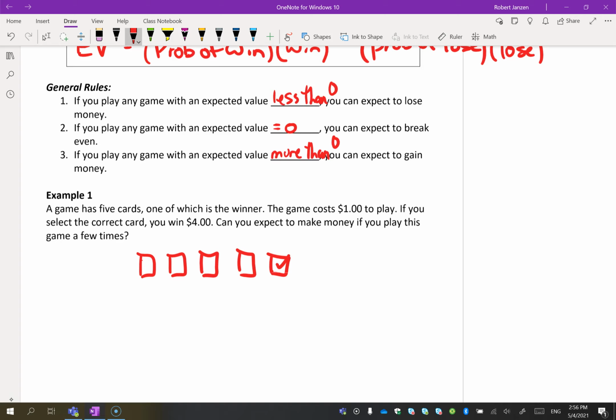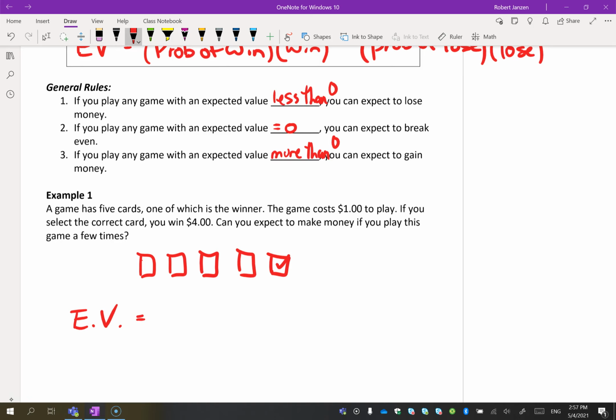The game costs $1 to play. If you select the correct card, you win $4. Can you expect to make money if you play this game? So, you walk up to this game, you pay $1, you have a chance to win 4. Sounds pretty good, you're going to come out way ahead if you win. Now the question is, what is the expected value? If you played this game over and over again, what are your chances of winning?